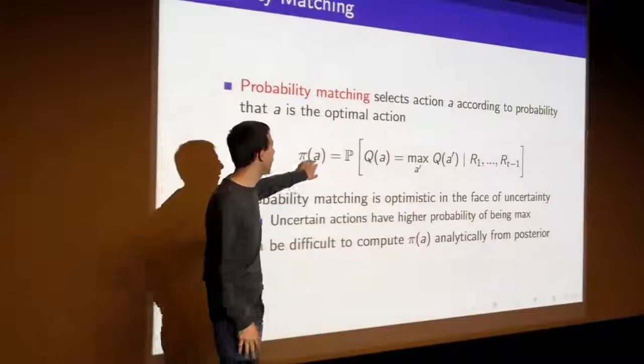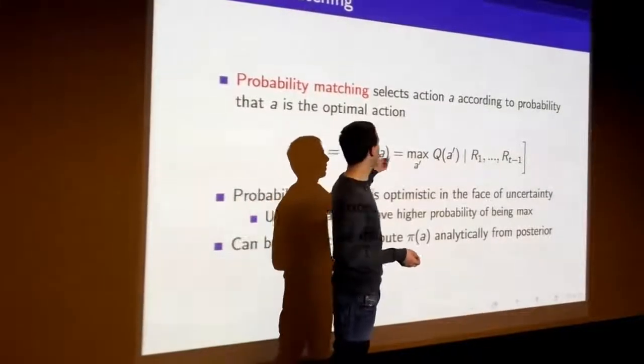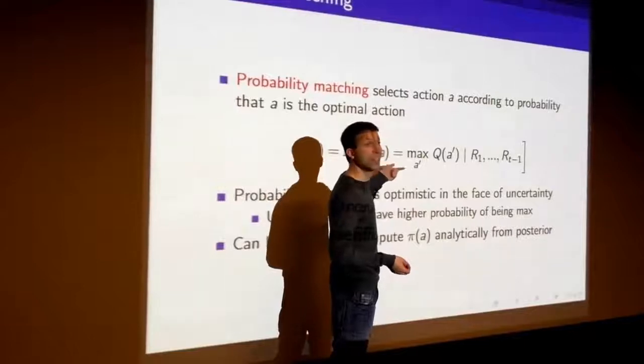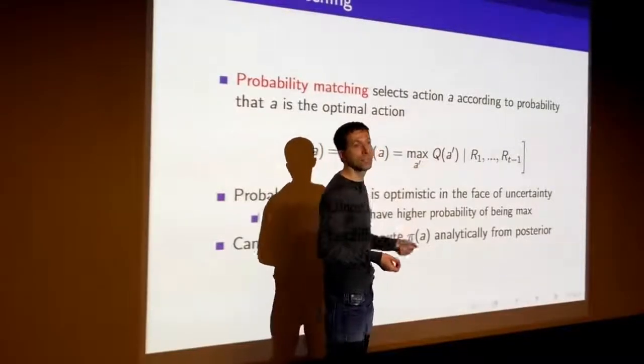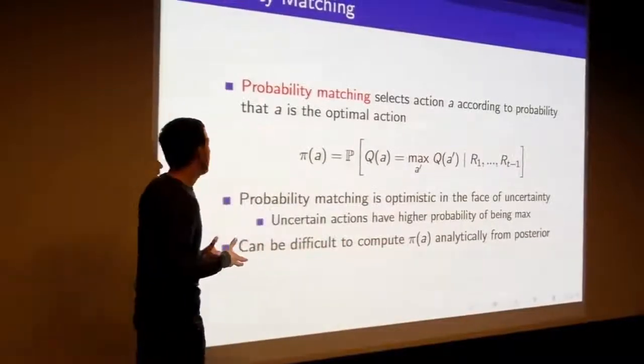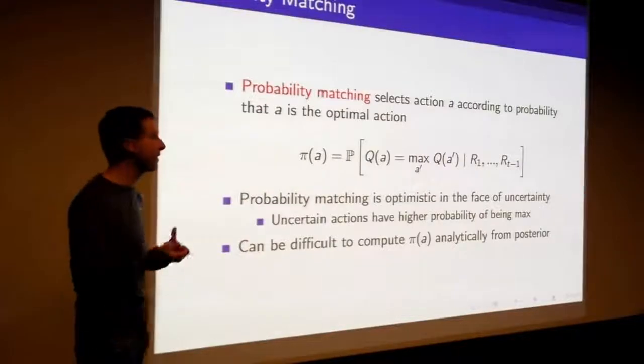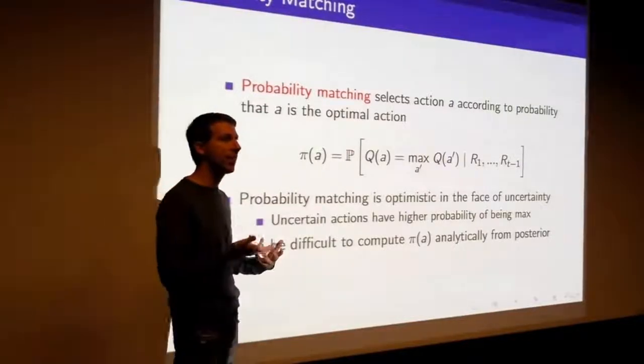So in other words, our policy, the way in which we actually pick actions, is just the probability that our Q value for that action is actually the best Q value. So we want to pick actions in proportion to the probability they're actually the best one. What's nice about probability matching is it automatically does this optimism in the face of uncertainty idea.